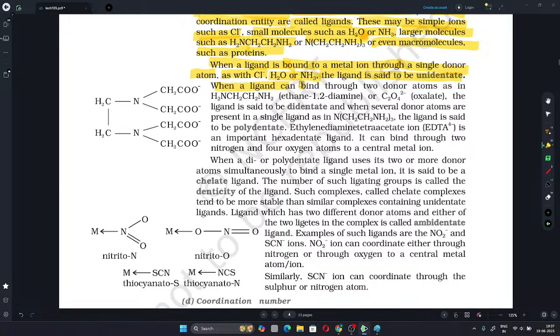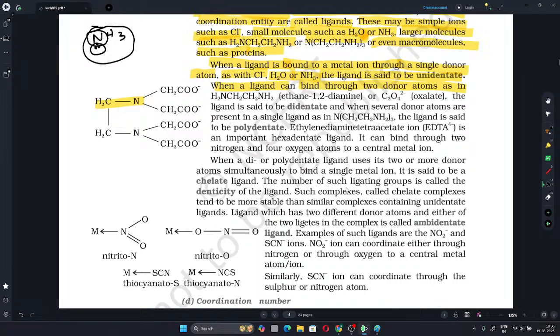When a ligand can bind through two donor atoms, as in ethane 1,2 diamine or oxalate, we see that normally in NH3, the N having a lone pair will form a coordinate bond, and in one molecule only one N atom will form a coordinate bond.